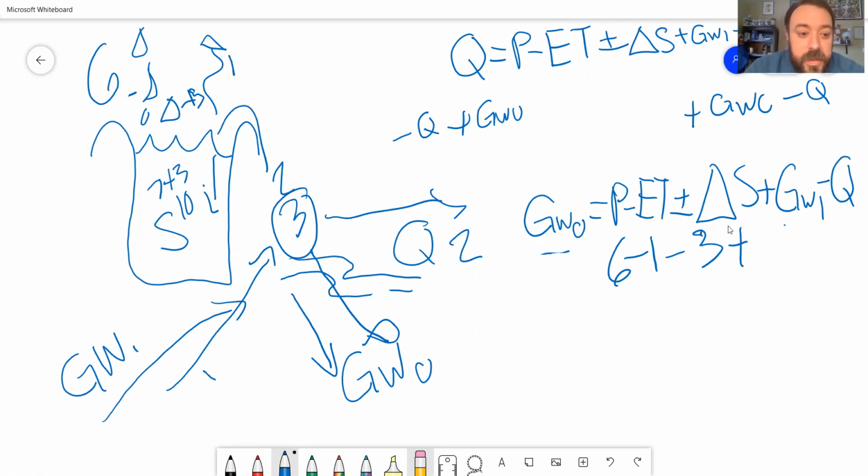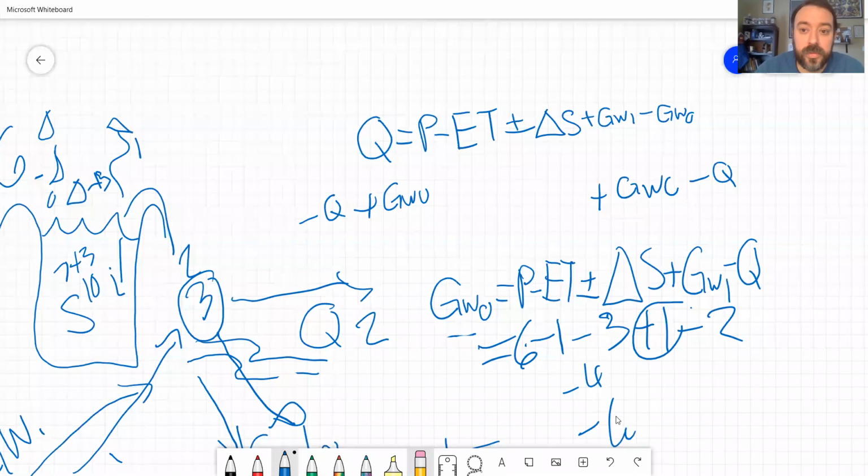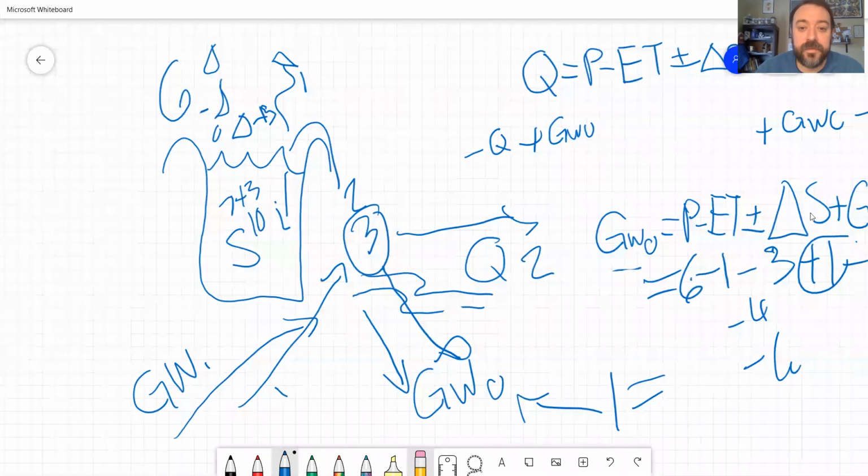You know, plus our 1 groundwater output minus our 2 discharge right here, right? So we can just do this the old-fashioned way: -4, -6, right? -6 minus -6. So that +1, we have 1 come over here. There's 1 inch popping out that way.